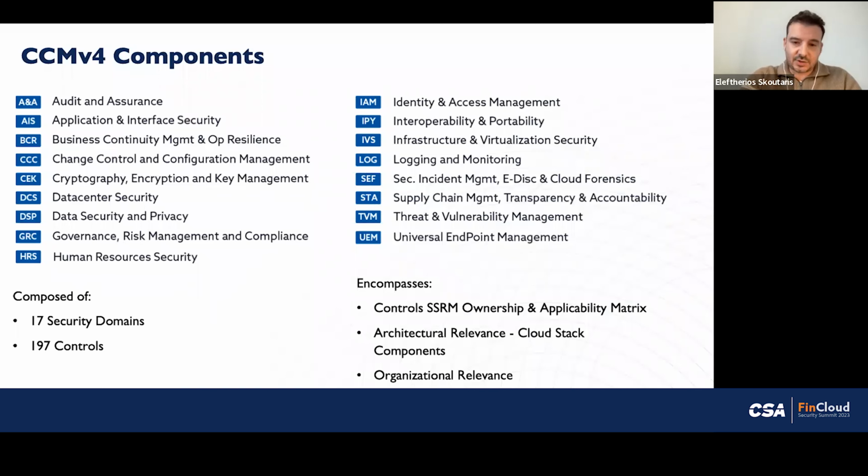So there is an architectural linkage there of the controls to the cloud, and the organizational relevance of the controls, meaning the expected teams that would manage the controls per each one of the CCM domains.